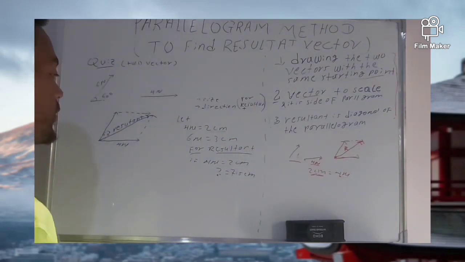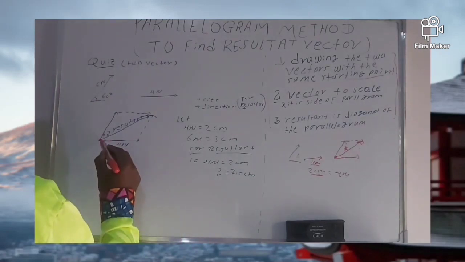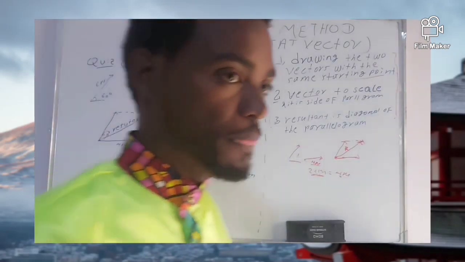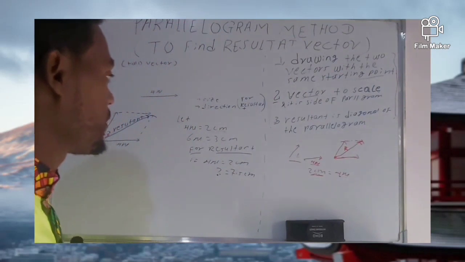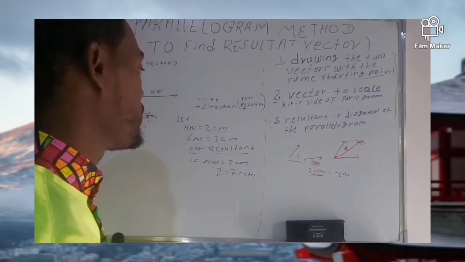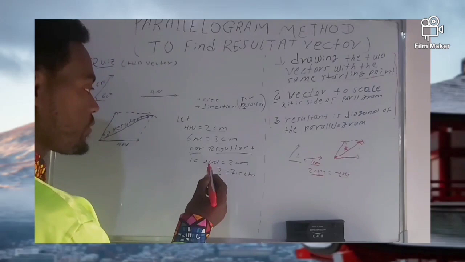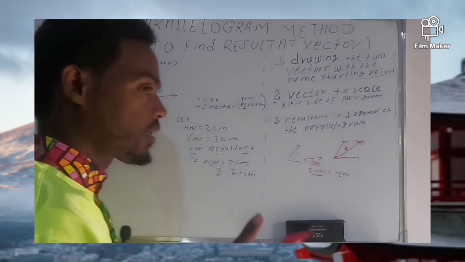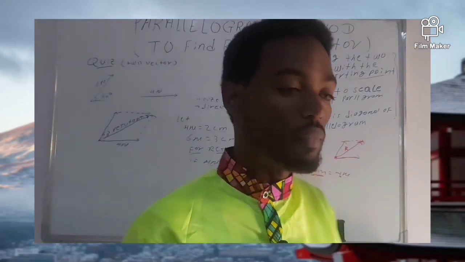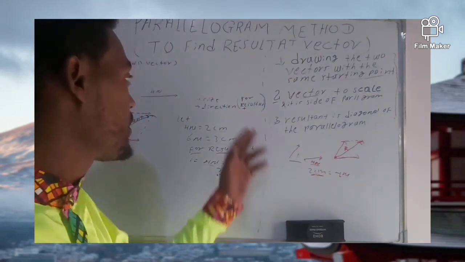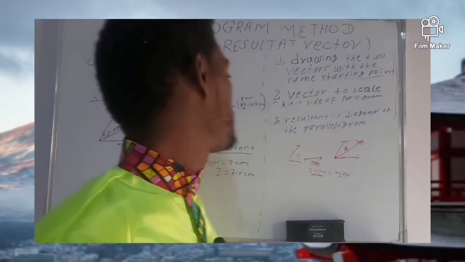To find the resultant, we have to use measurement. This can be a ruler or another instrument to find the value of the resultant vector. What we should always remember is finding the size and direction of the resultant vector.